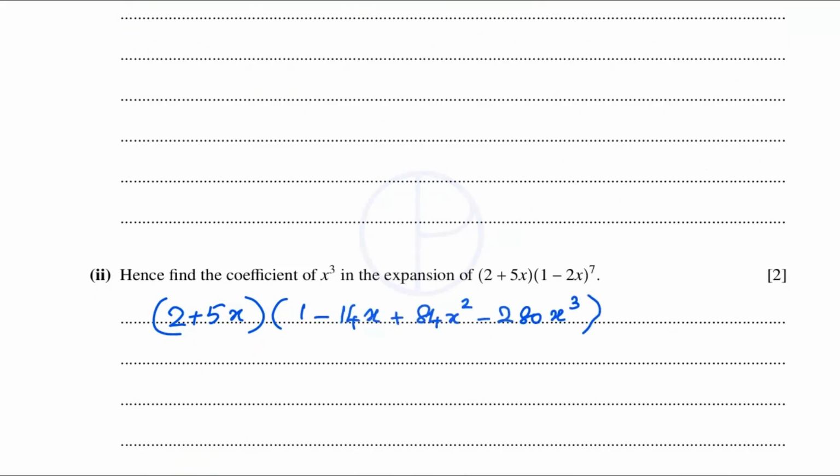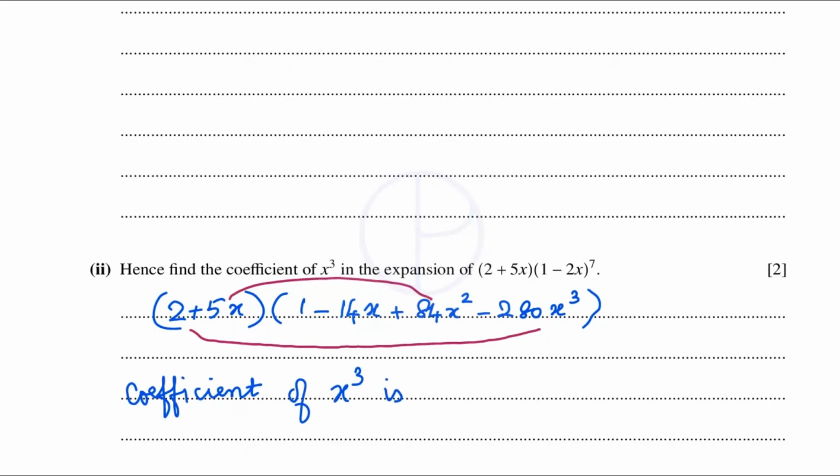So we need to find the coefficient of x cube. If you multiply 2 with minus 280 times x cube, you will get the coefficient of x cube. And 5x multiplied by 84x square gives an x cube term.